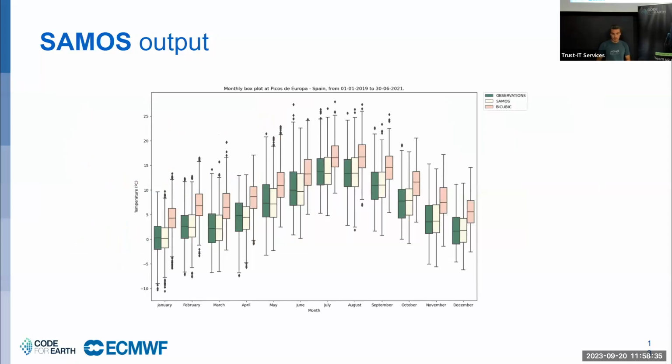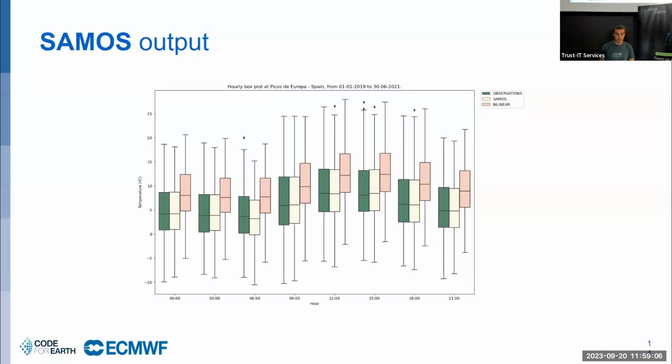This is also visible if we take a look at the months of the year, so the variation over the year, that we have bias correction which is working all over the year, where the yellow boxes are close to the green observation boxes, but bilinear interpolation shows always a little bit higher temperatures.